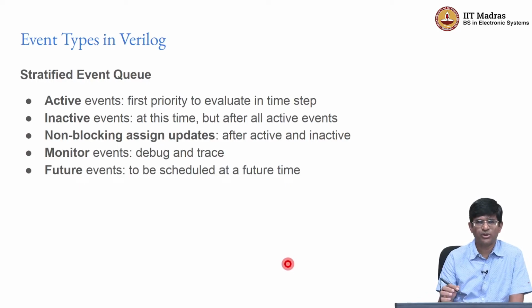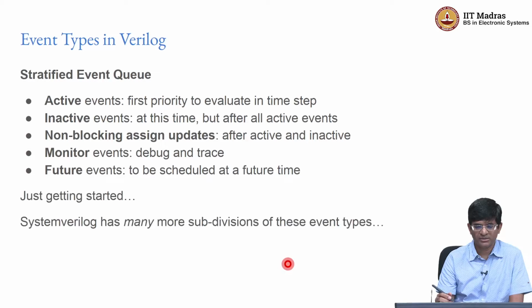Now this already looks a little bit confusing, right? And for the most part you do not need to worry too much about it, especially because if you go into SystemVerilog, it turns out that it has many more subdivisions of these event types. Unless you are actually getting into the game of how to implement an event driven simulator, for the most part you do not need to worry about any of these things, right?